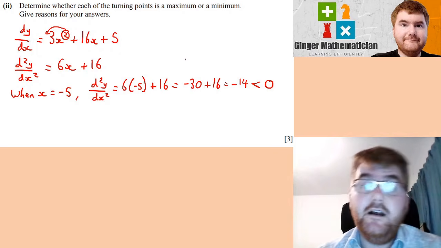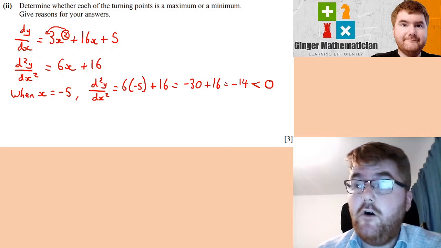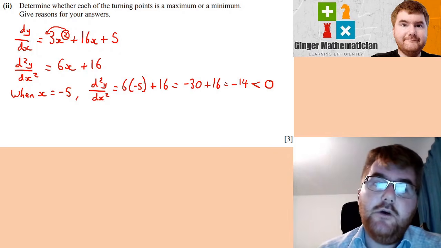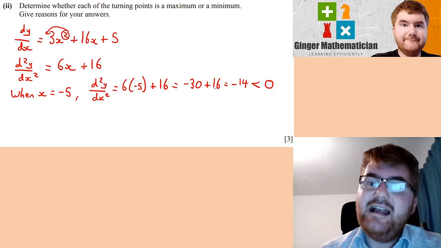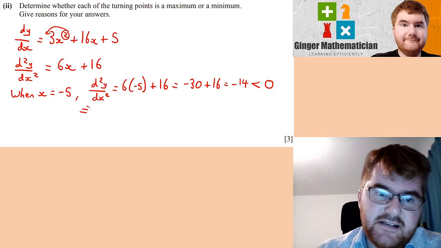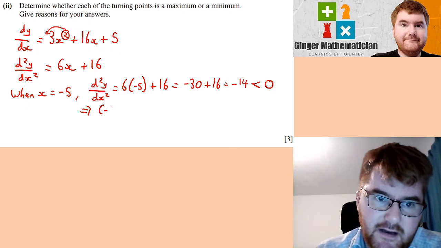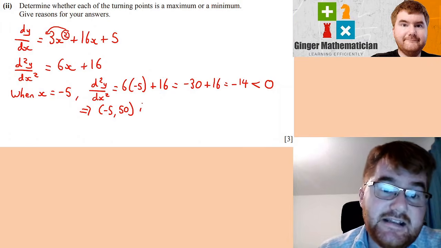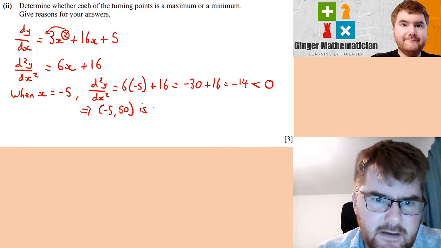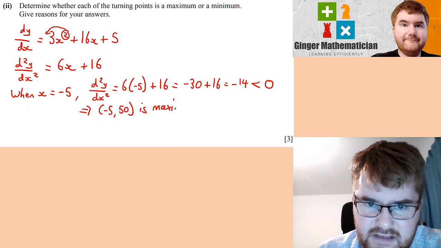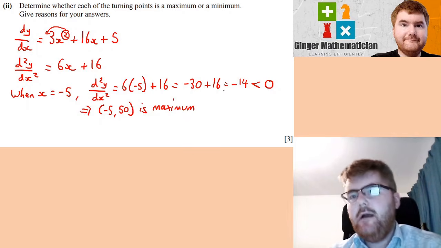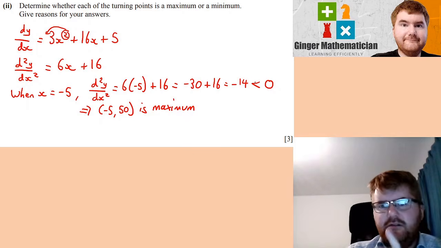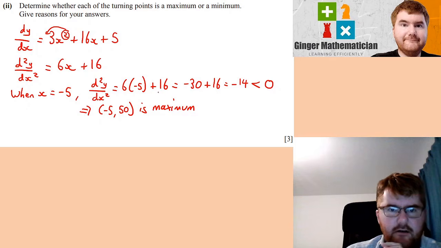So if you find that when you put the x-coordinate of the turning point into d2y over dx squared, the second derivative is negative, this therefore means that minus 5 is a maximum. Maybe if you're introduced to this concept, it seems counterintuitive, but when the second derivative is less than 0, then minus 5 is a maximum.